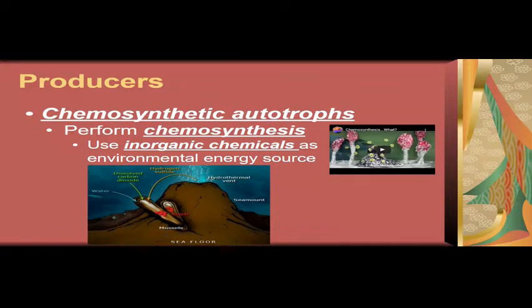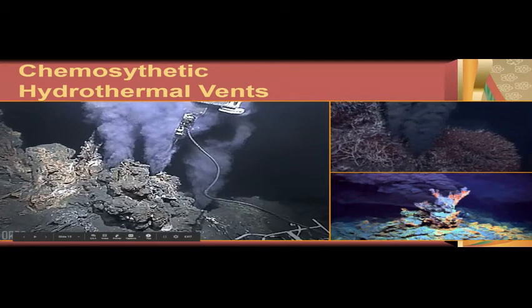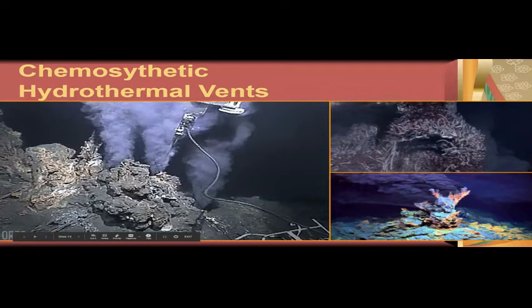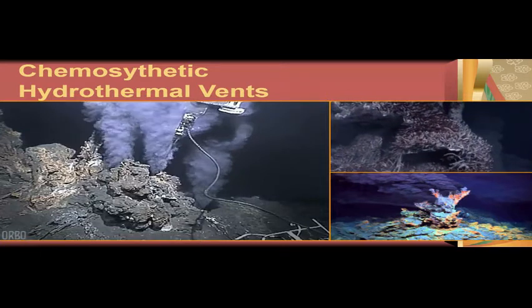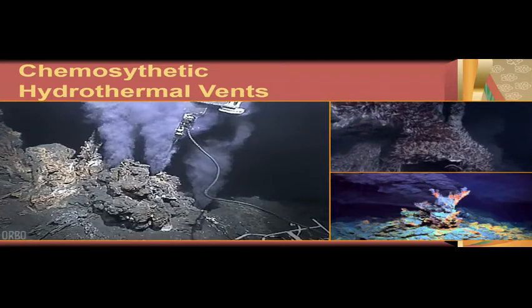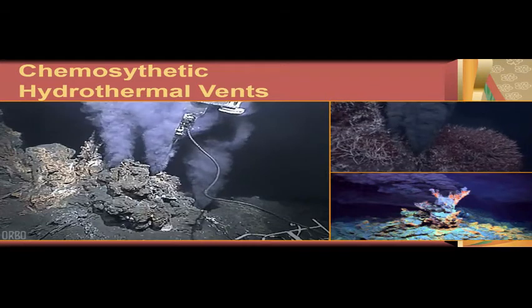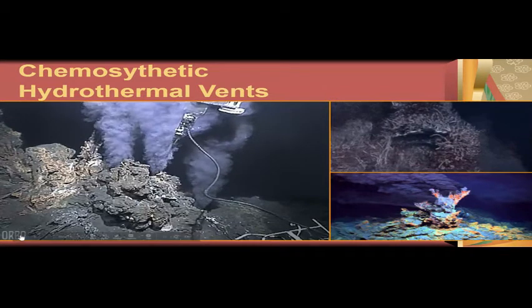Other producers are chemosynthetic autotrophs, and these producers perform chemosynthesis. And in chemosynthesis, organisms use inorganic chemicals as their environmental energy source rather than sunlight. An example of chemosynthesis occurs in hydrothermal vents, which are deep in the ocean.